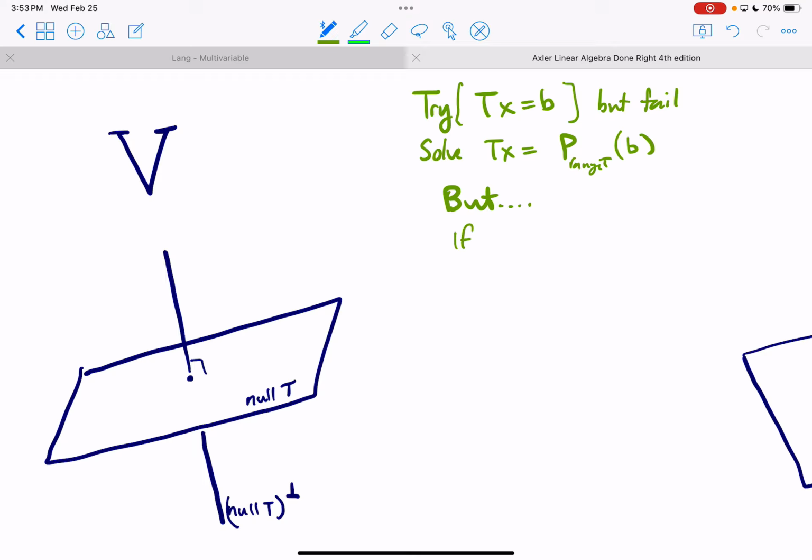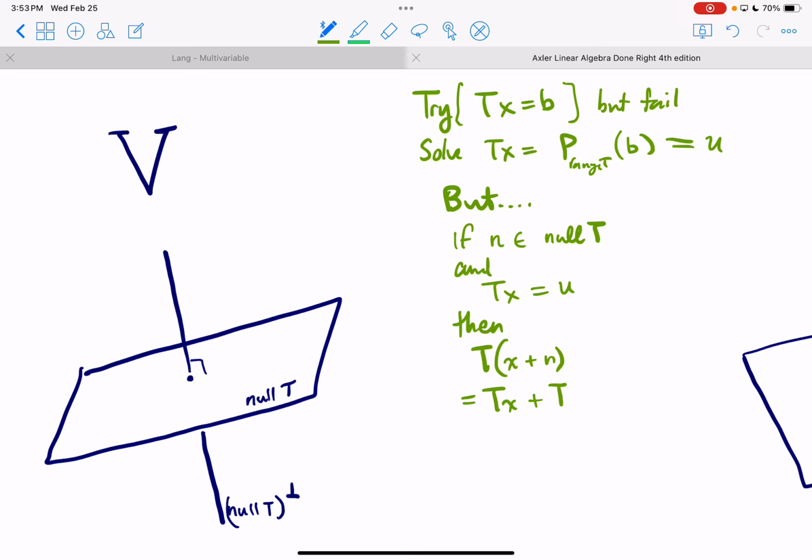If n is in the null space of T, and Tx equals, can we call this thing little u, and Tx equals u, then look at what happens to x plus n. T of x plus n equals Tx plus Tn equals little u plus 0 equals u.